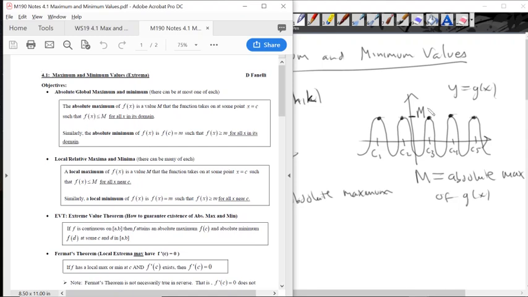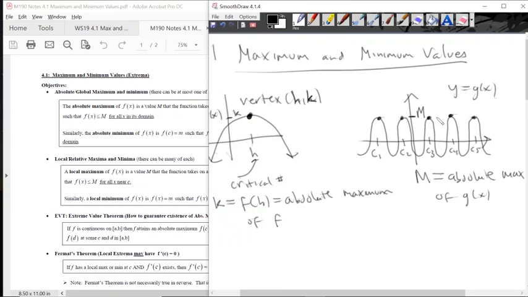So in this case, it's just the y value that these points have. There is no y value we can attain from any other input x that would exceed this y value. So the value of the absolute maximum is whatever M is equal to. It's a number. It is the maximum value that the function attains.